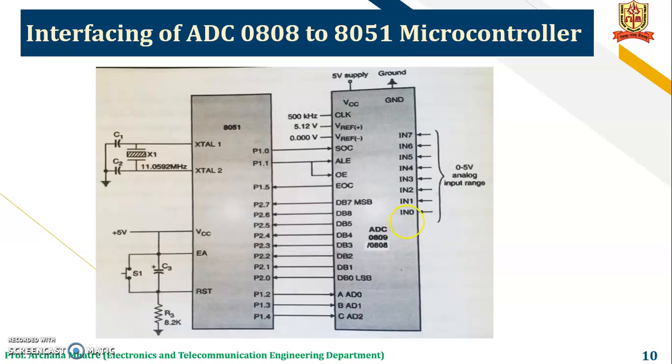These are the 8 inputs of the ADC0808, and DB0 to DB7 are the output lines of the ADC. The analog input is converted to a digital value, and that digital value is transferred to port 2 of the 8051 microcontroller.